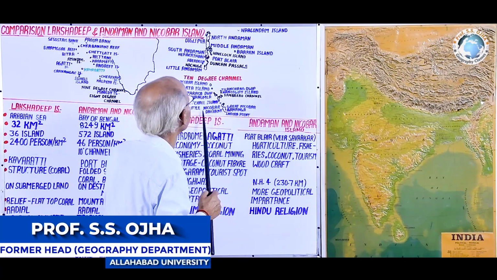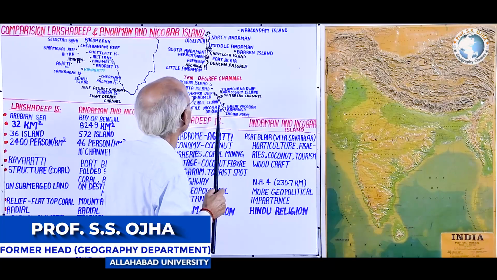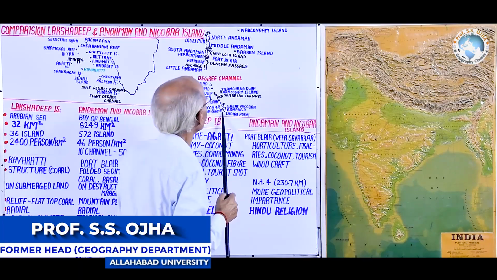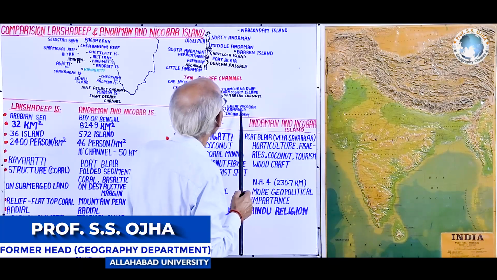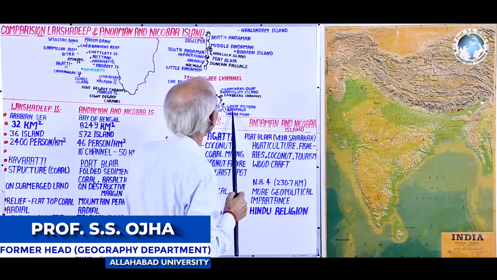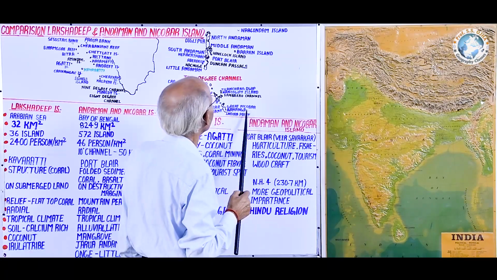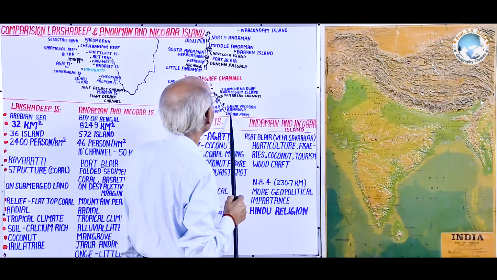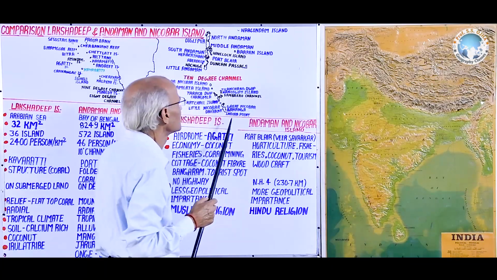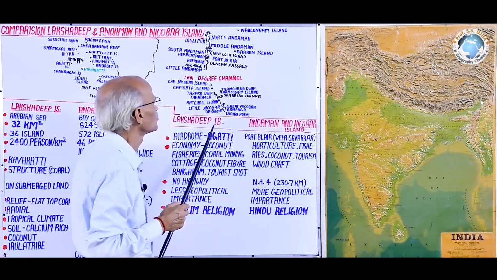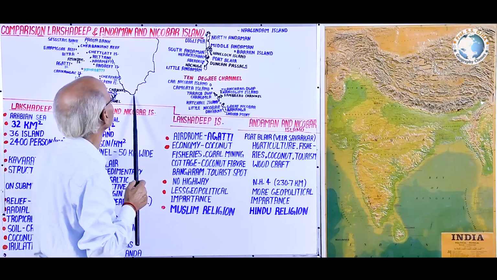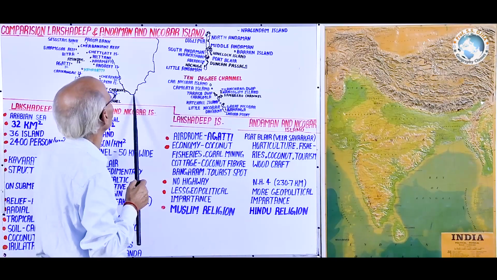And then it is Little Nicobar, and to its south is the Kong place, and then Great Nicobar, and to its south is located Bananga place. The southernmost point of Great Nicobar is Indira Point, which is the southernmost point of India, while the southernmost point of the Indian mainland is Kanyakumari, located at 8°4' latitude.